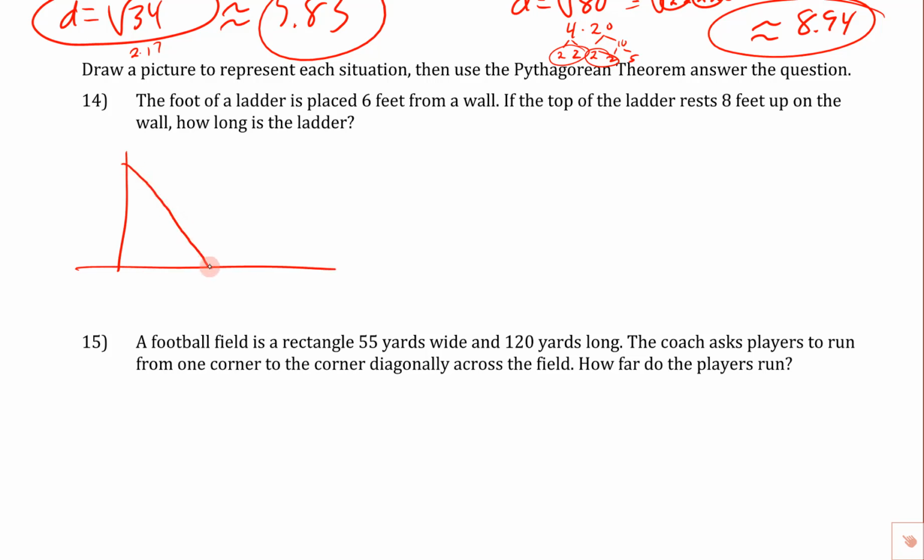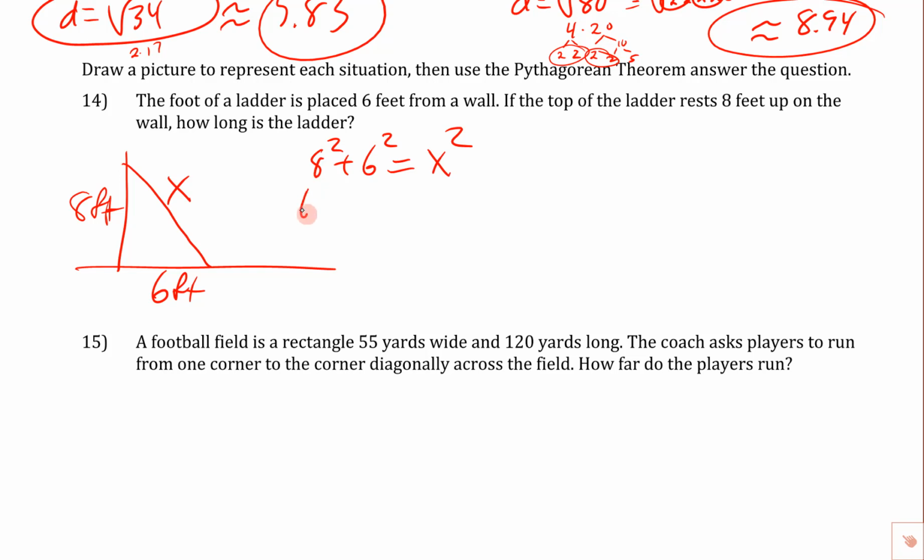So we've got a ladder here, and this is what it gives us. It's 6 feet from the wall. The top of the ladder is 8 feet up on the wall, and the question here is how long is the ladder? So I'm going to use x for the ladder, and it's going to be leg squared plus leg squared equals hypotenuse squared.